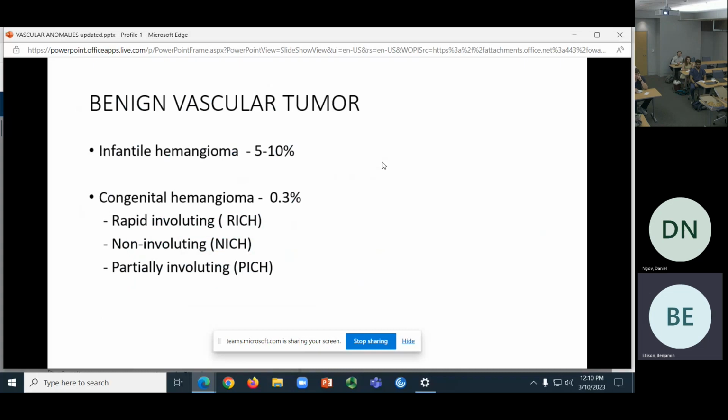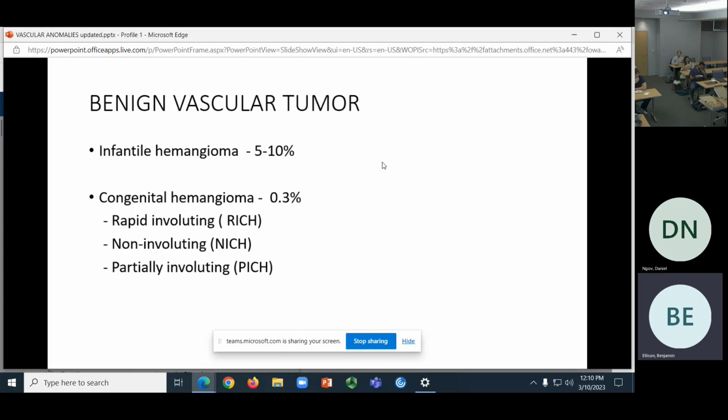Right? Just a quick note: the most common vascular tumor, a benign one, is the hemangioma. That's another word that I'm sure you have heard a lot, and you're going to be hearing a lot throughout your medical career. And I'll tell you, 80 to 90% of the time, it's applied wrongly.